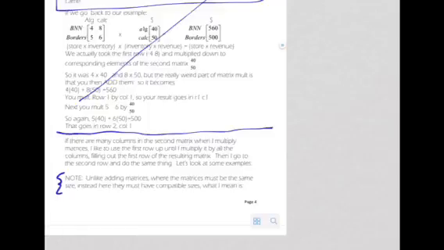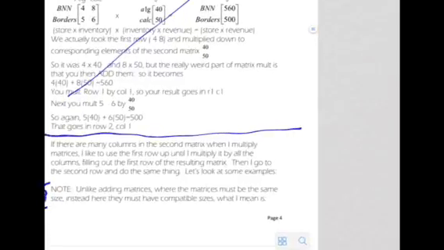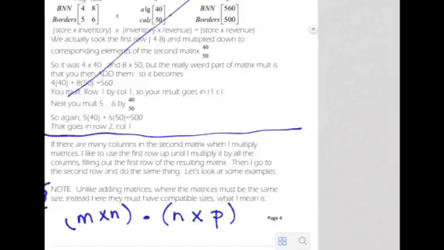When you multiply matrices, they have to have compatible sizes, by which I mean, if your first matrix is an m by n, the second matrix has to be an n by something else. Whatever number of columns is in the first matrix must match the number of rows of the second matrix.